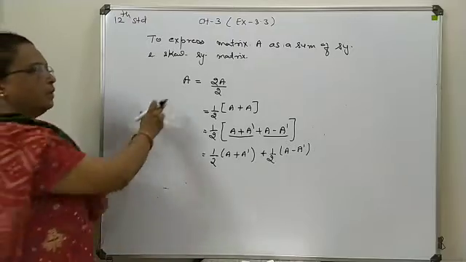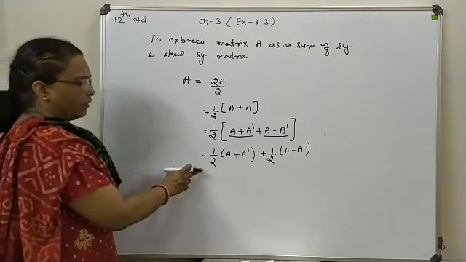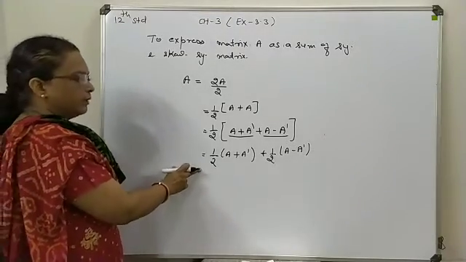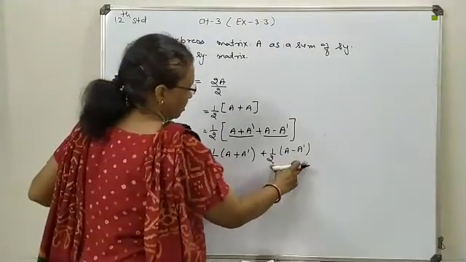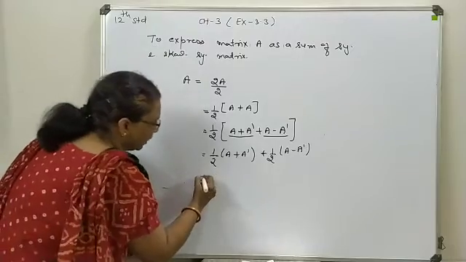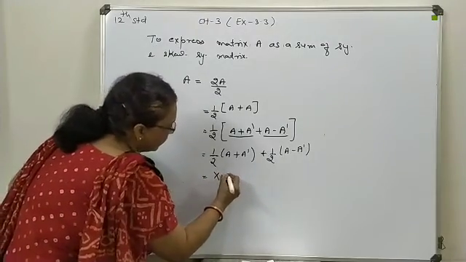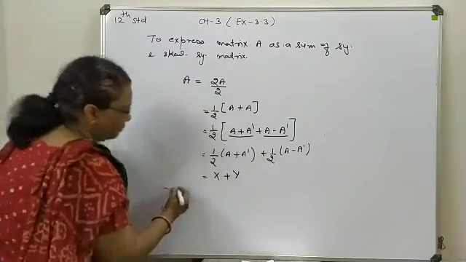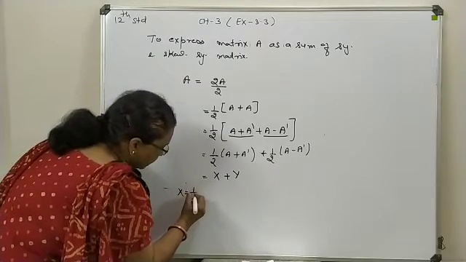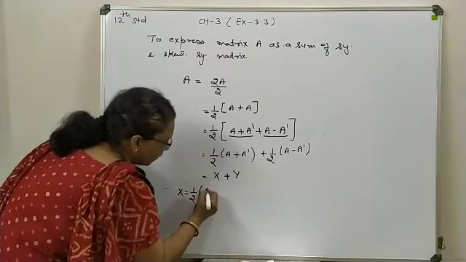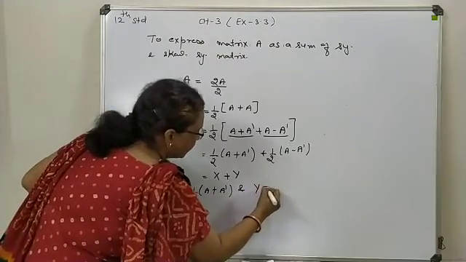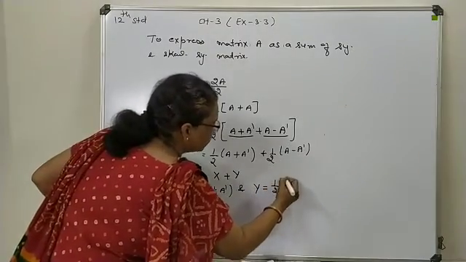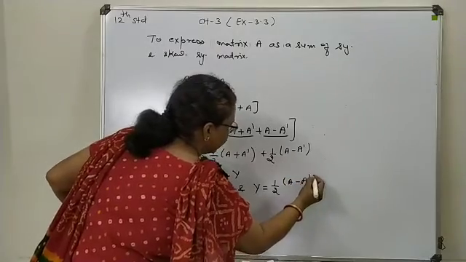This way, the given matrix A has been converted so that it can be expressed as a sum of a symmetric form and a skew symmetric form, where this is called X and this is called Y, in which X is 1 by 2 into A plus A dash, and Y is 1 upon 2 into A minus A dash.